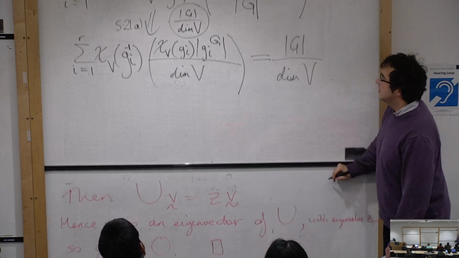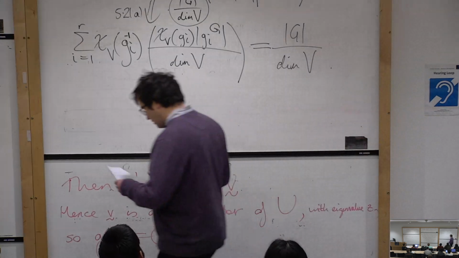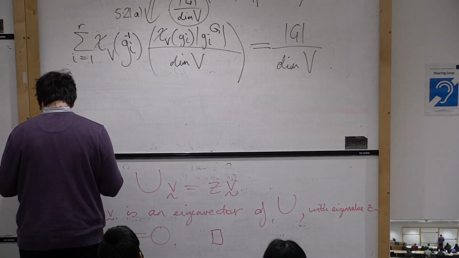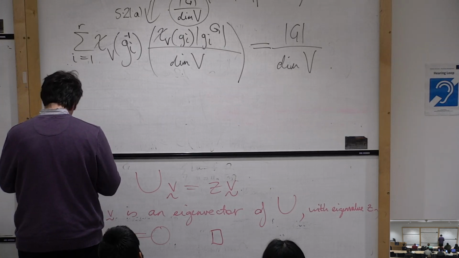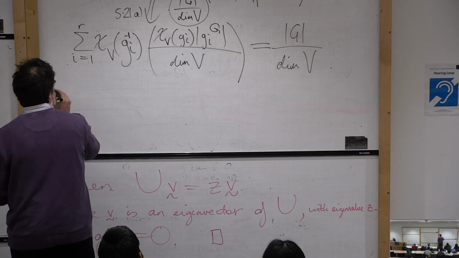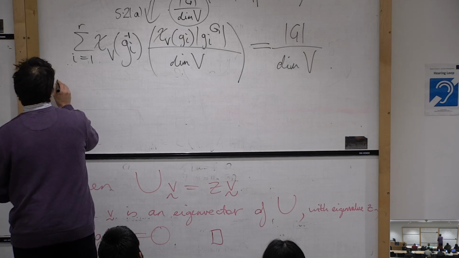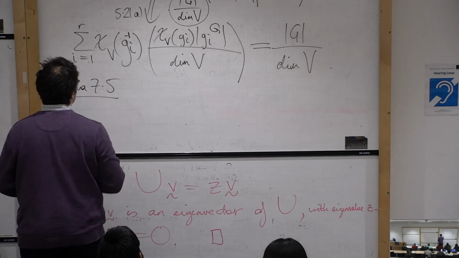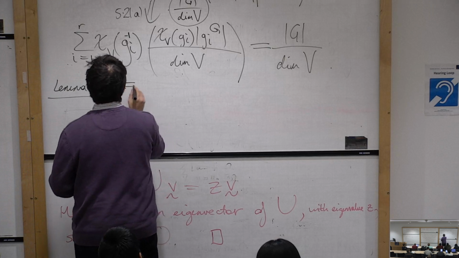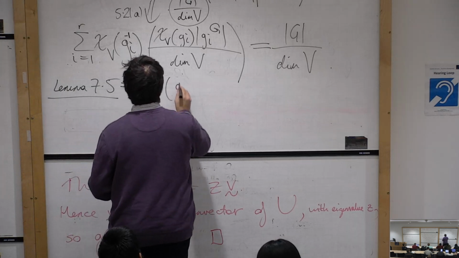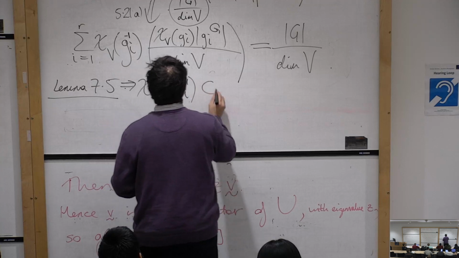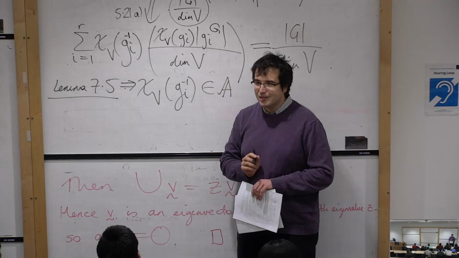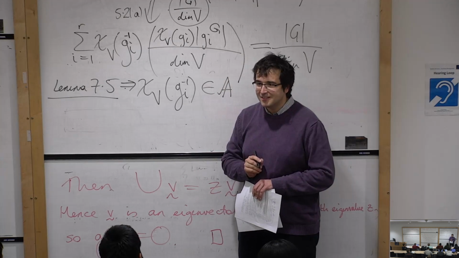Okay, great. So there's going to be a lemma, Lemma 7.5, which says that chi_V of g_i inverse is an algebraic integer, and the proof is so trivial I'm not going to write it out. If you've been following, I've done it already.